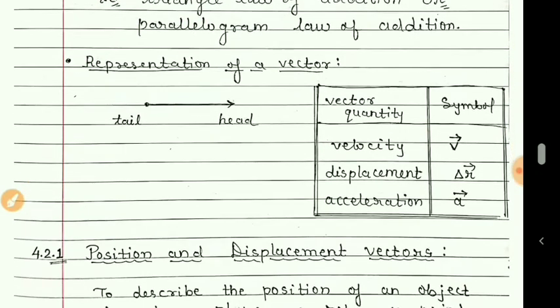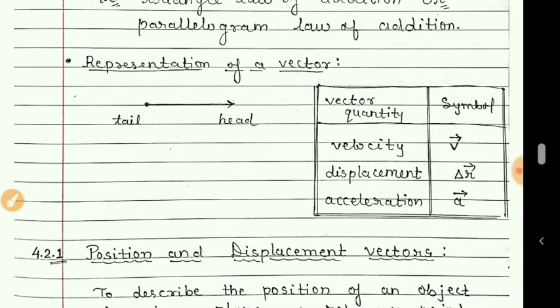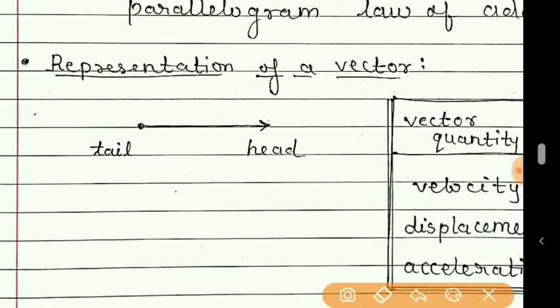Now representation of a vector. How is a vector represented? Students, you can see here a figure. A vector is represented like an arrow. It is simply like an arrow.